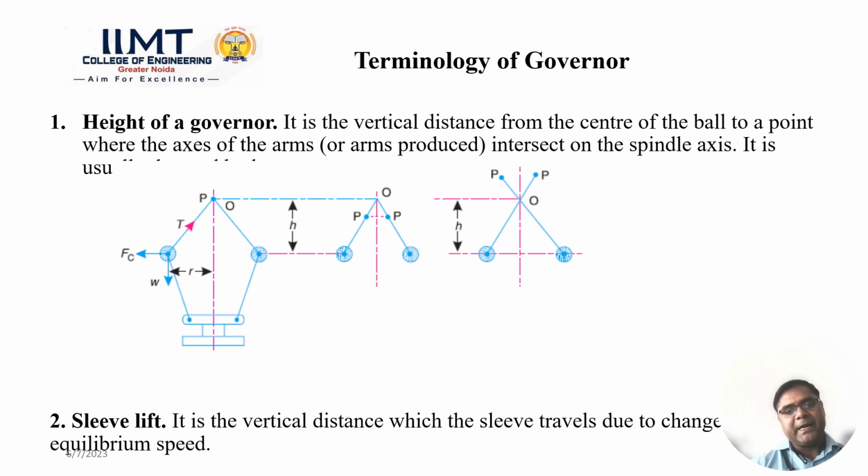So the height of the governor represents the vertical height from the center of the fly ball to the point where both upper arms intersect at the governor axis. As indicated in this diagram, h is the height of the governor.